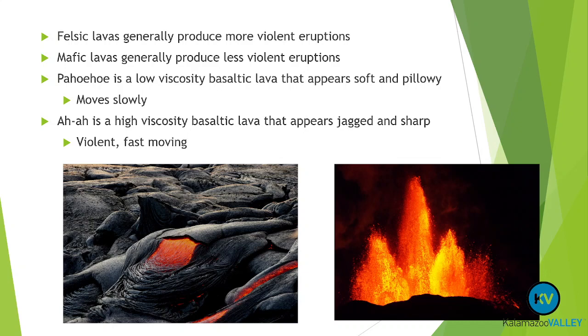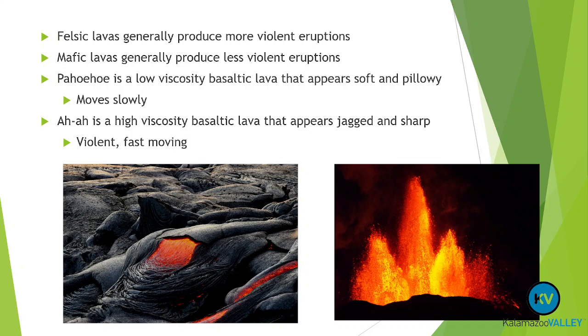And it is jagged and sharp when it's cooled, and that's because it comes from violent eruptions as pictured on the right. So it's a bunch of chunks of lava flying through the air, and as it cools, it solidifies into that shape. It's not a soft, smooth, pillowy surface. And they move really quite fast as well, which makes them a high threat level to anybody surrounding these volcanoes when they erupt.